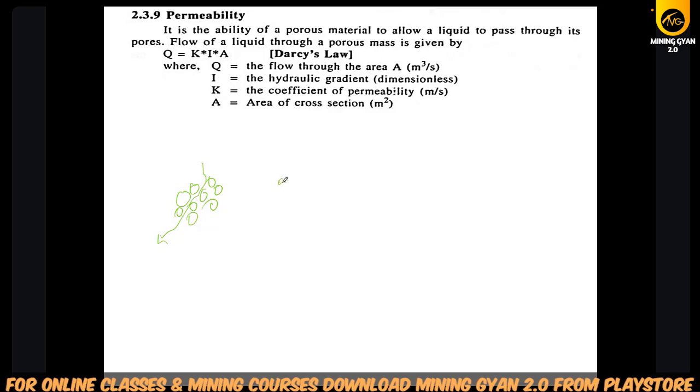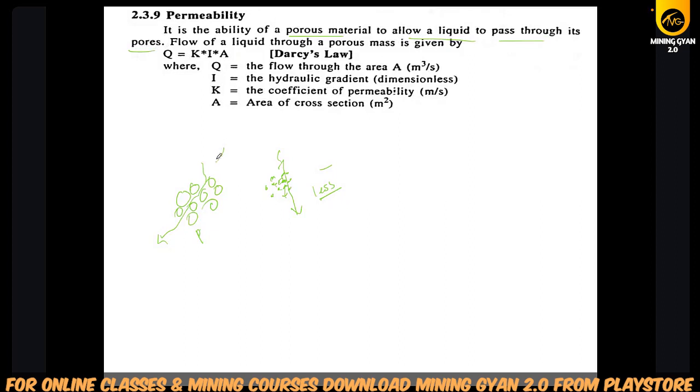But if you have taken sand, then the water permeability is less. What does it mean? It is the ability of a porous material to allow a liquid to pass through its pores.